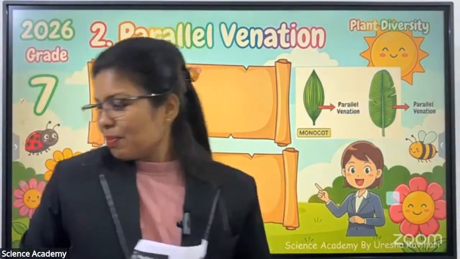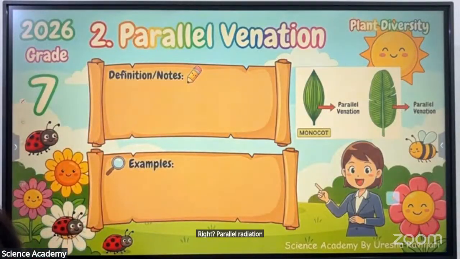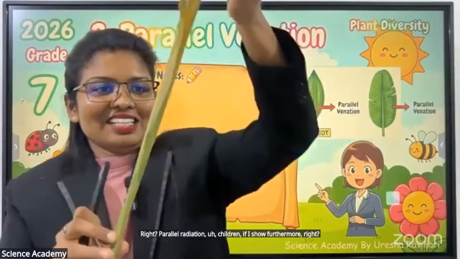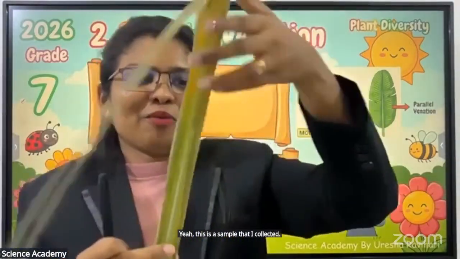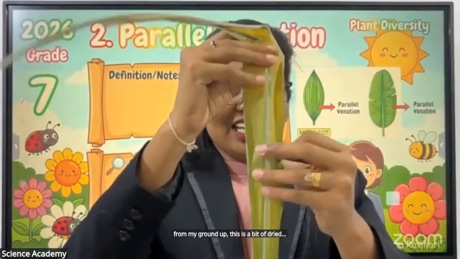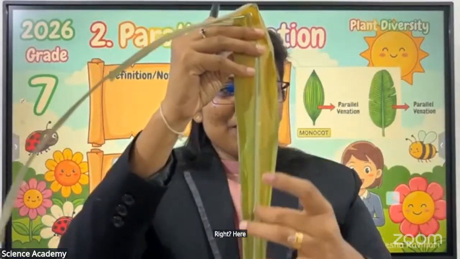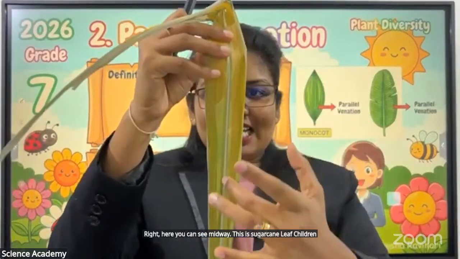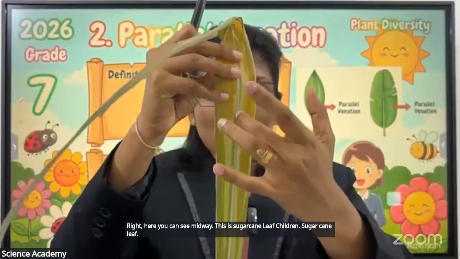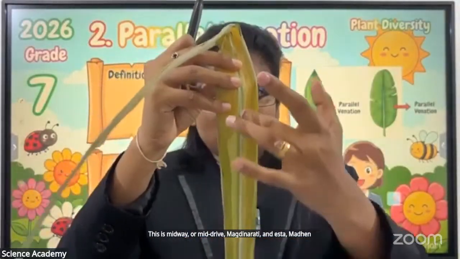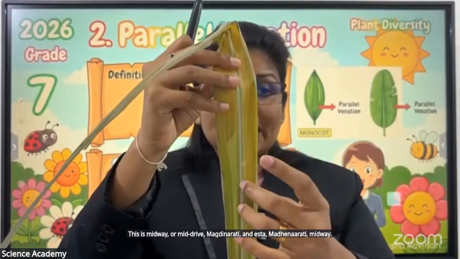Parallel venation, children, if I show furthermore, right? Here, this is the sample that I collected from my ground. This is a bit dried. Here you can see the mid vein. This is a sugarcane leaf, children. This is the mid vein or mid rib. Madhya naratiya, mid vein or mid rib.